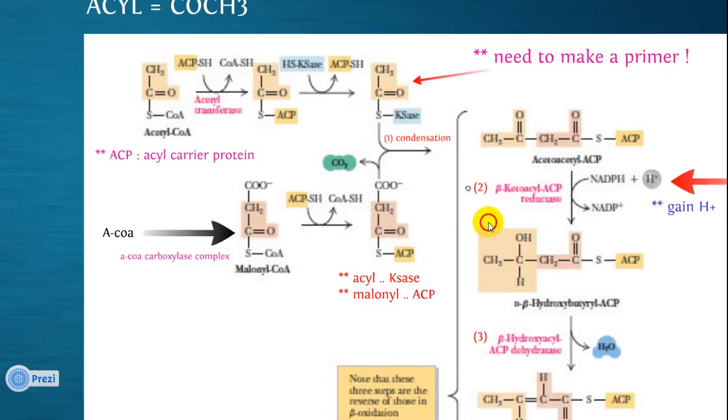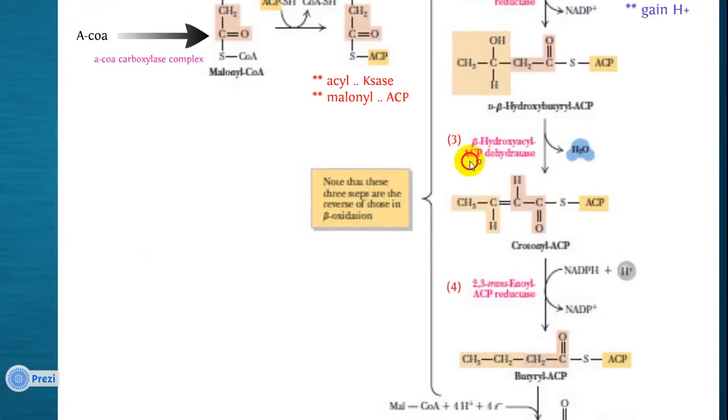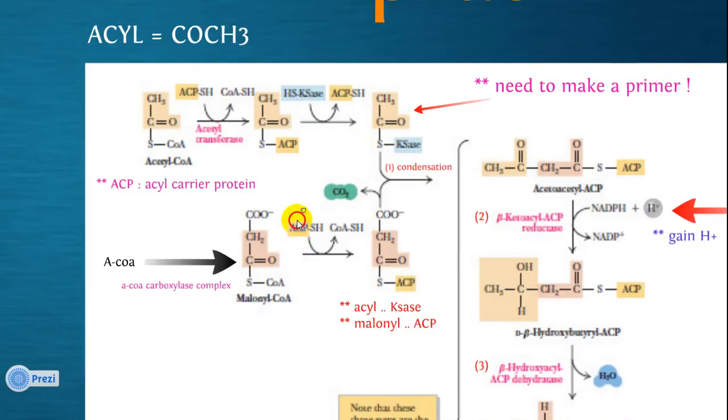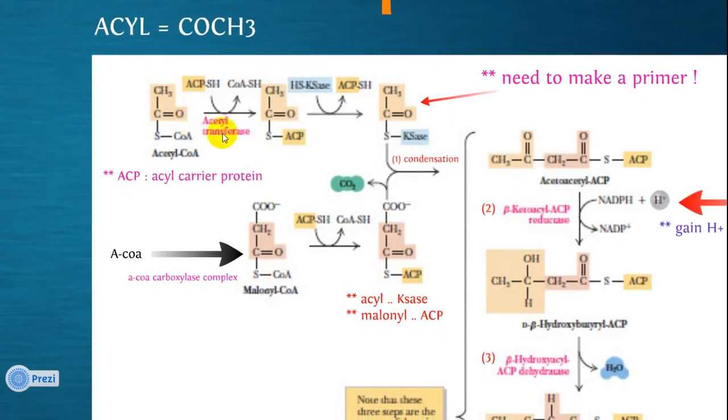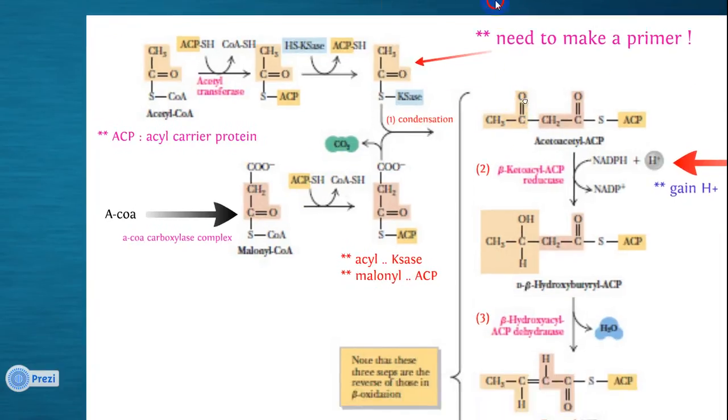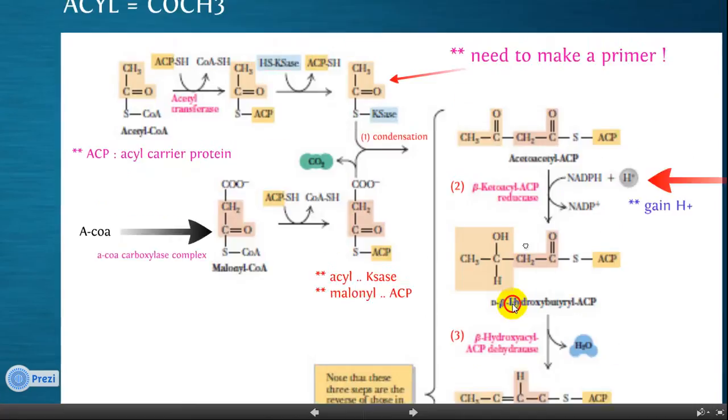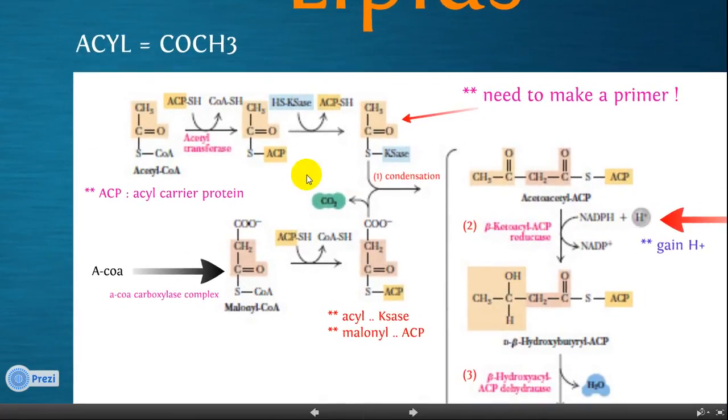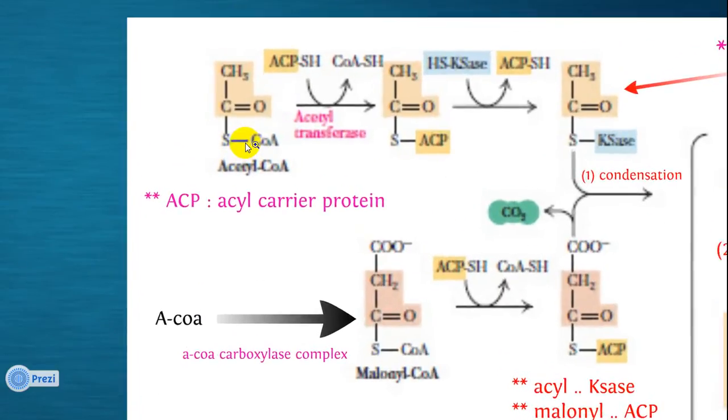Now we are going to see how we can build the primer. First of all, we will see something called the acyl and something called malonyl. Those acyl and malonyl, we are going to combine with each other to form the first molecule in this pathway to make the primer. So first of all we will start with the acyl.